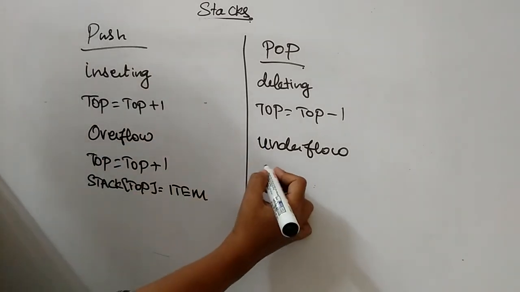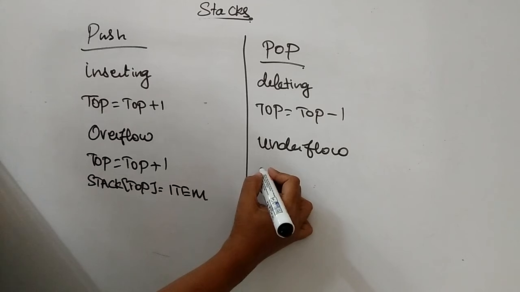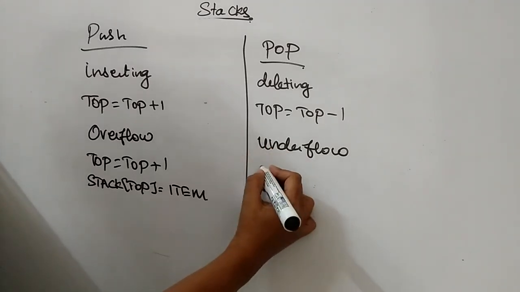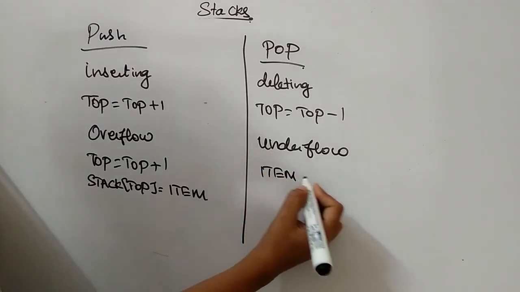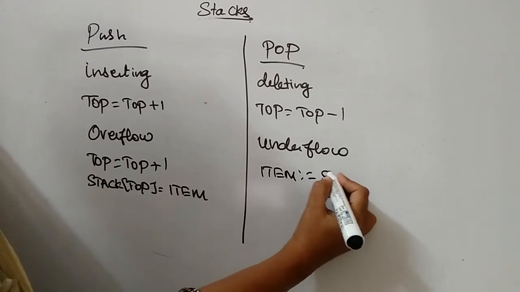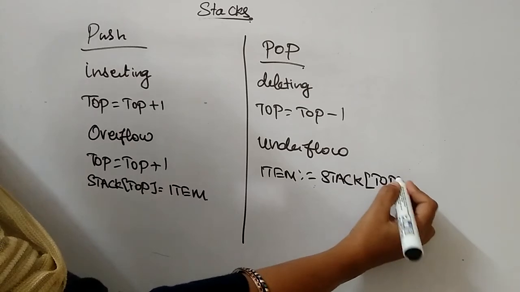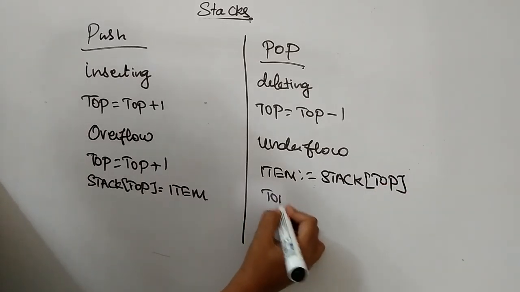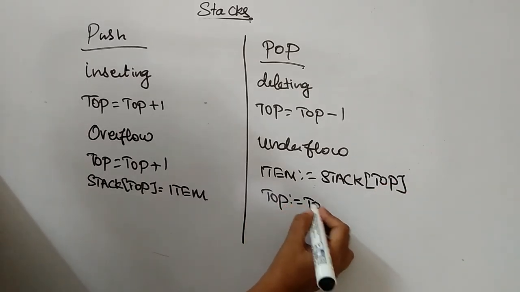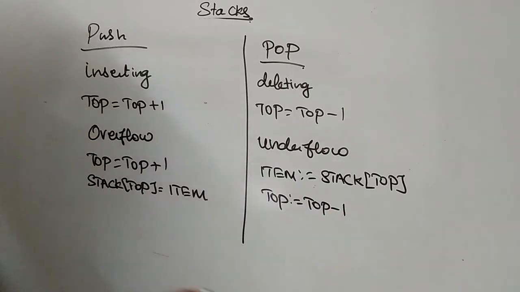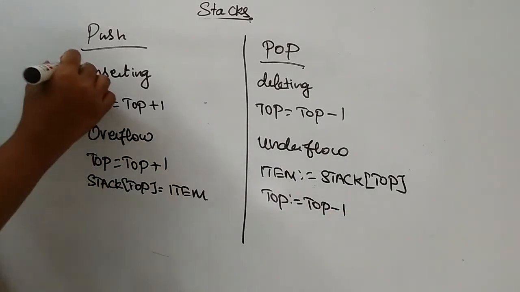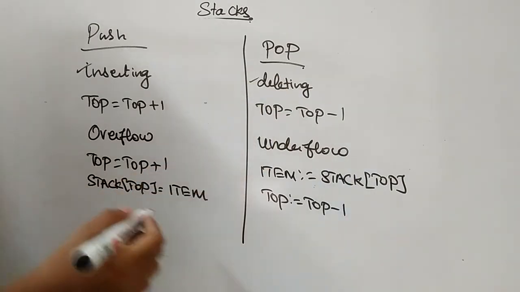Okay, here in pop, at first you will retrieve the element. That's why item := stack of top, and then we will decrement top := top minus 1.